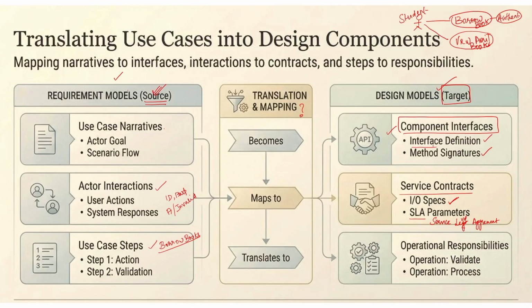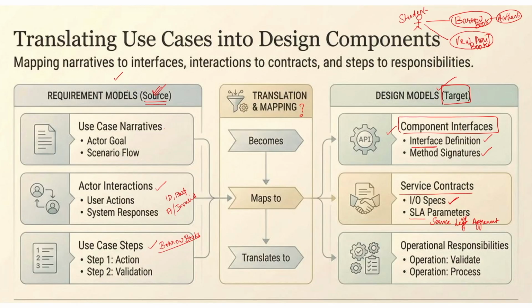That interface could be identified from the actor interactions. And the scenario could be given from the method signature. What is actually the functionality? So the component interface could be taken from use case narratives or actor interactions or use case steps, and it will become a particular design model.